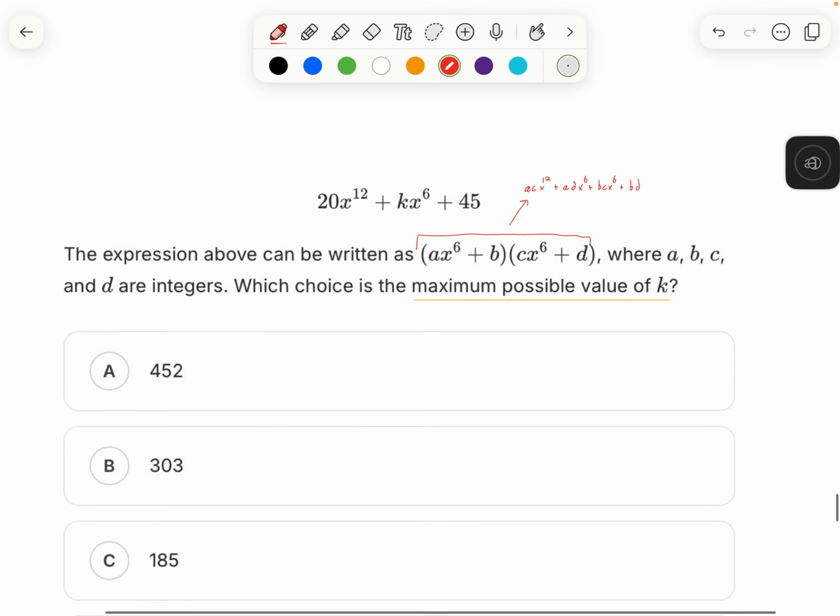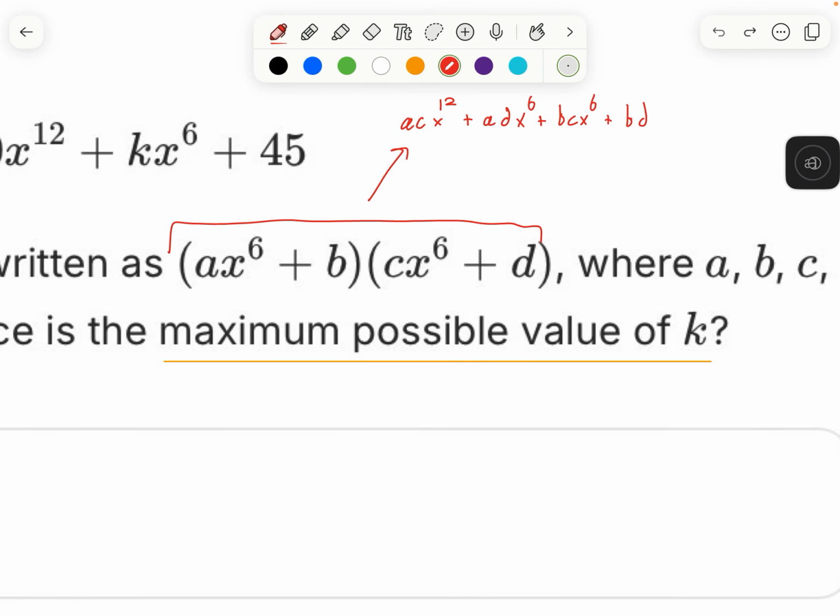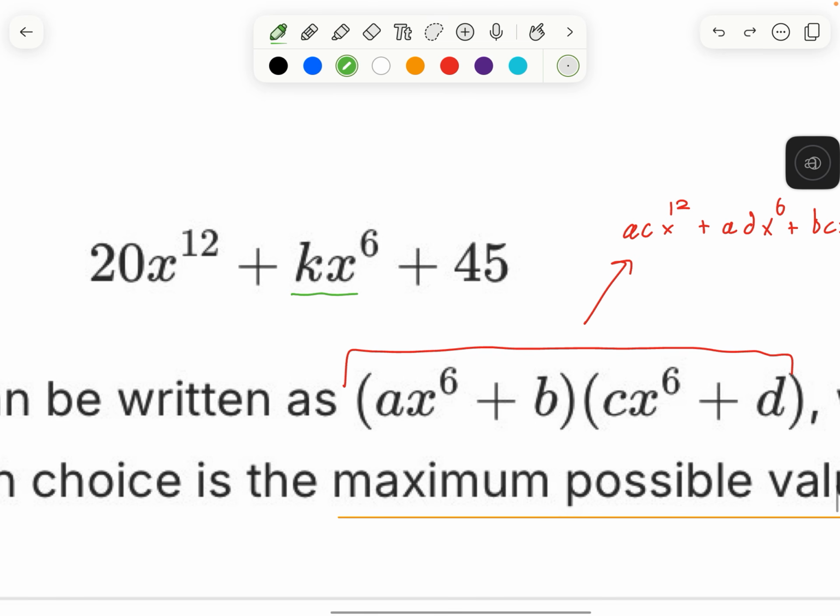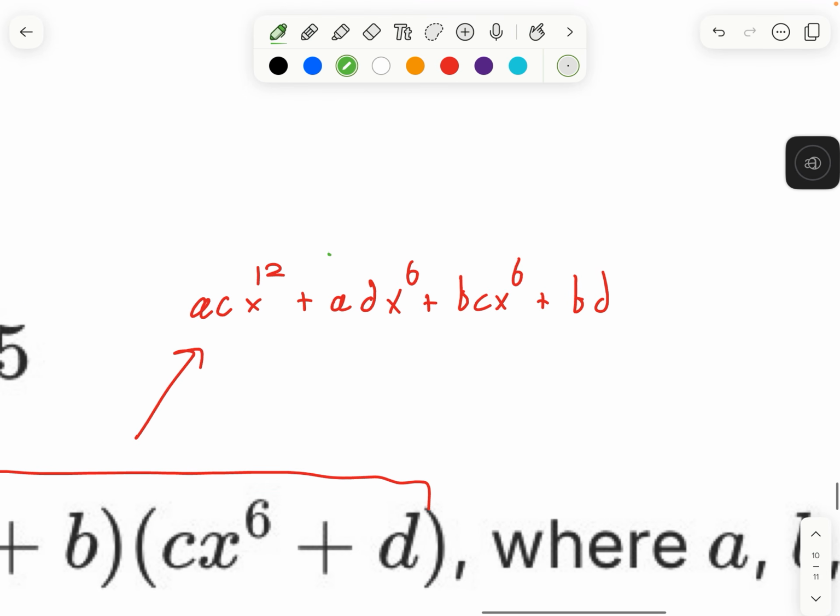Well, we're trying to find the maximum possible value of k, and we know that k, in this other expression, the given expression, is the x to the 6th term. What are the x to the 6th terms here? Well, you'll notice that you can rewrite this as AD plus BC times x to the 6th.